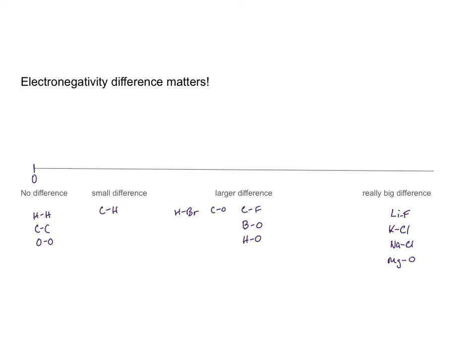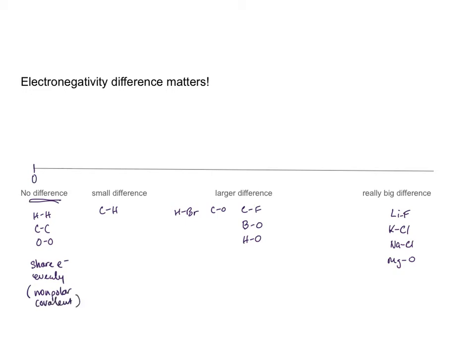The way to determine the kind of bond that will form between a pair of atoms is to examine their electronegativity difference. If there is no difference between the electronegativities of the atoms in the pair, then the atoms will share the electrons evenly between them. This is known as a nonpolar covalent bond.